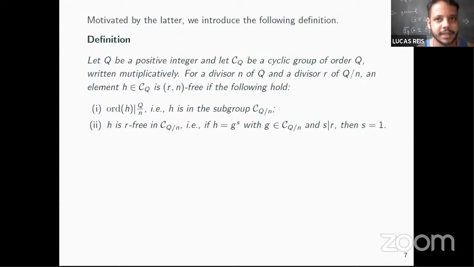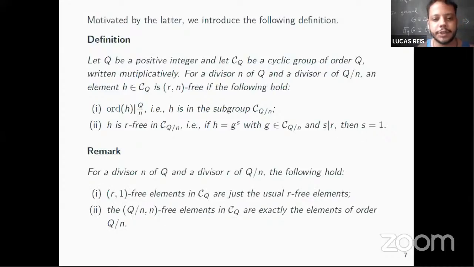And the second one is that h is R-free in this subgroup. So we are basically taking the original definition of freeness, but now we are looking locally. We take a subgroup, so h is R-free in C_{Q/N}, which means that h cannot be written as g to the s with g in this subgroup and s dividing R, if s is greater than 1.